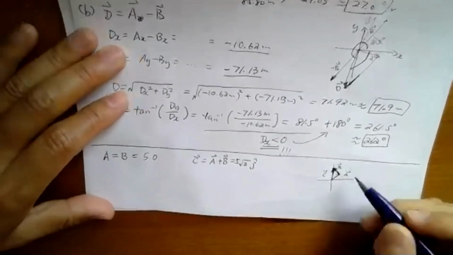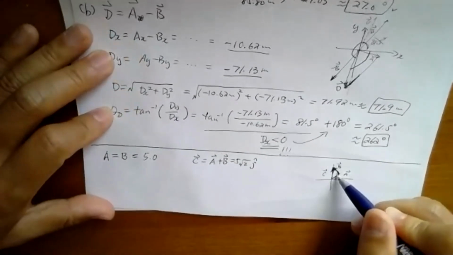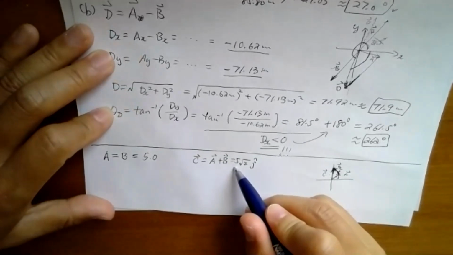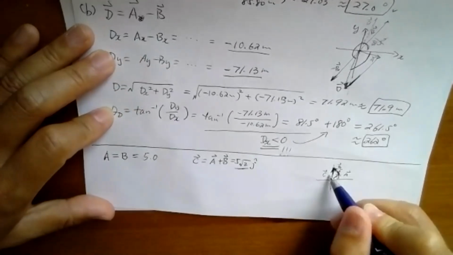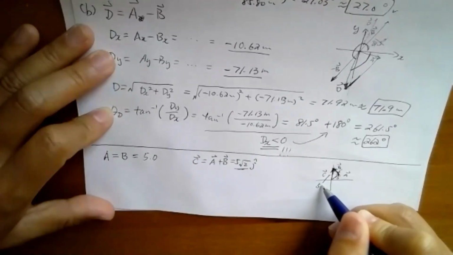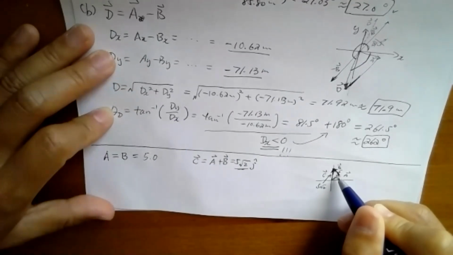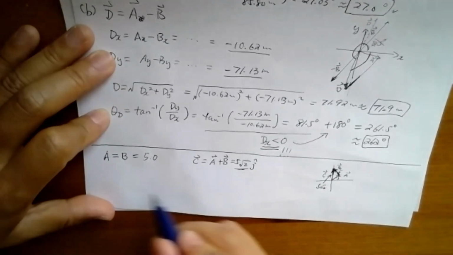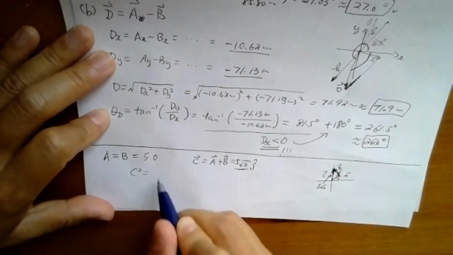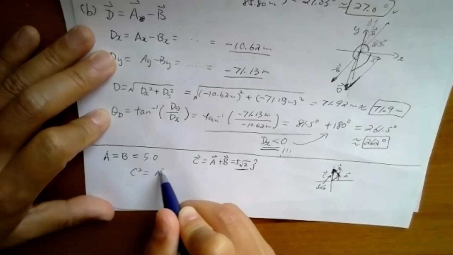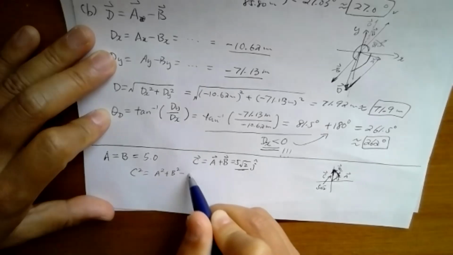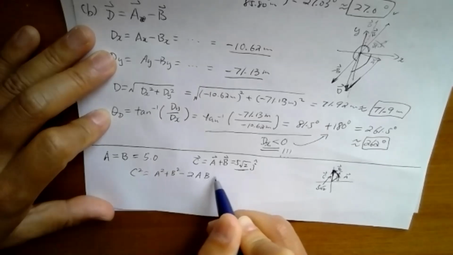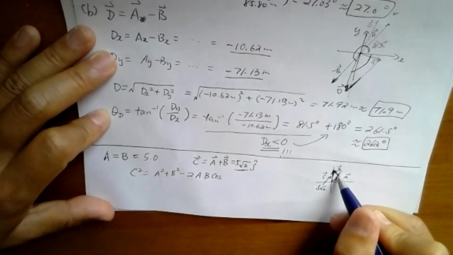In this case, A and B have lengths of 5 and 5, and C is 5 times square root 2. So I can utilize law of cosines here by setting up that C squared equals A squared plus B squared minus 2AB cosine of the angle that I'm looking for.